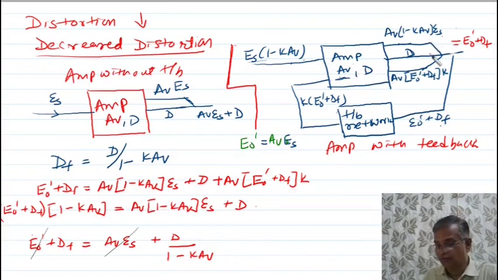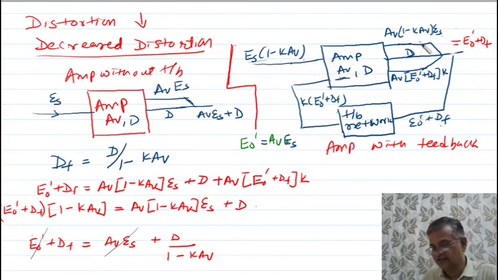So what will be your new output? Why have I written that the input is increased? Because if you want to compare the distortion of the amplifier without feedback and with feedback, then the EO dash output of both circuits should be the same. Here gain decreases. So to get the same output, either the input should be increased or the gain should be increased. So I have increased the input.